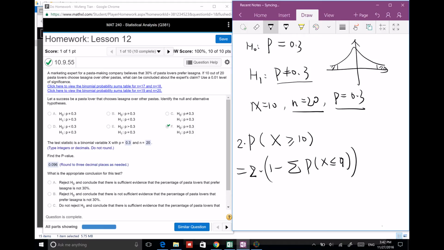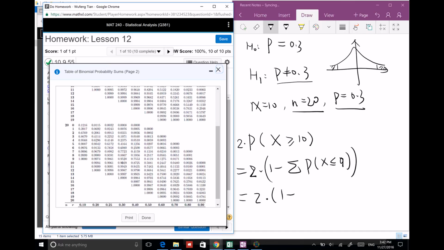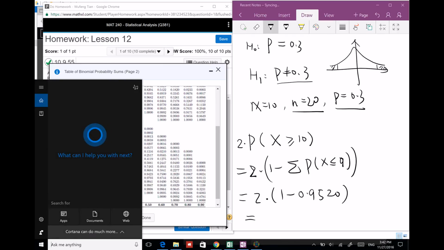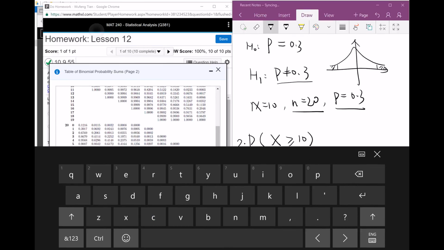So it's 2 times 1 minus, with n equals 20, 1 minus 0.9520, which is, let me use the calculator.